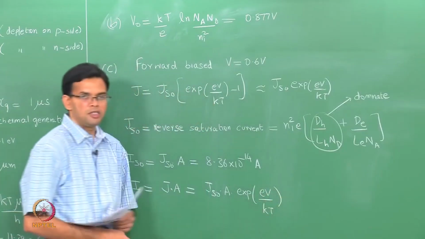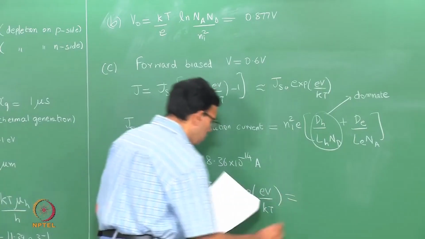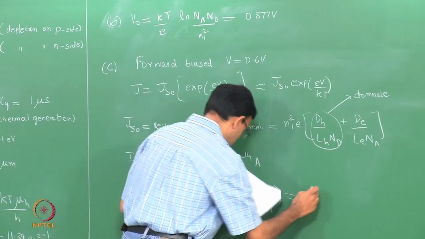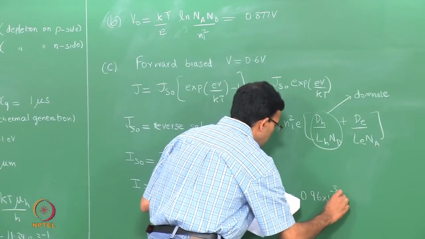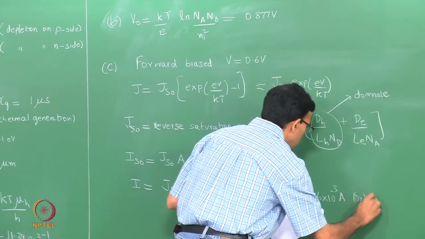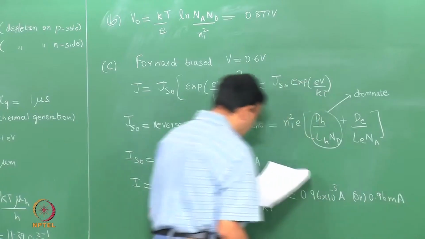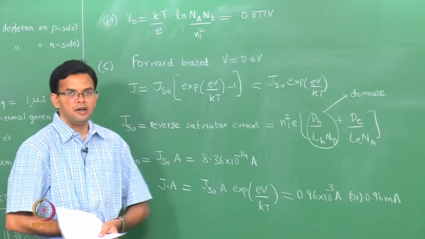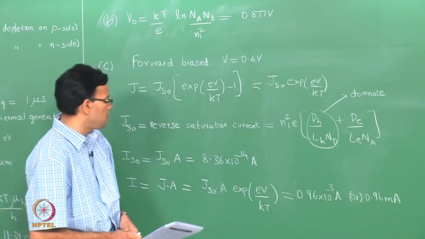V is 0.6, that is given. So, the current works out to be 0.96 times 10 to the minus 3 amperes or 0.96 milliamperes. So, the current in the forward bias is 0.96 milliamperes.